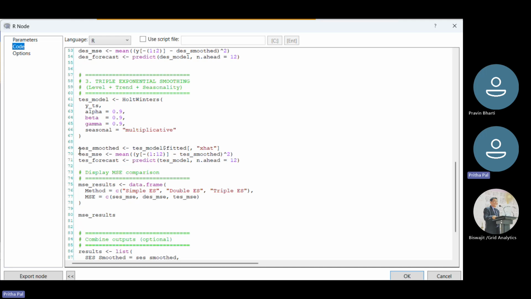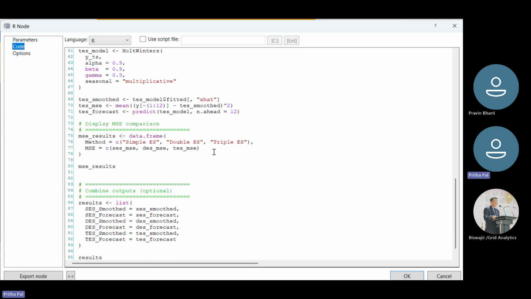Next, in the same manner, I have fitted the triple exponential smoothing model with level, trend and seasonality using Holt-Winters. Next, I have computed the mean square error, and next it is giving the forecasted values after applying the trend and the seasonality in the triple exponential smoothing.